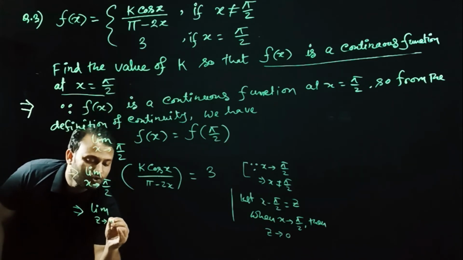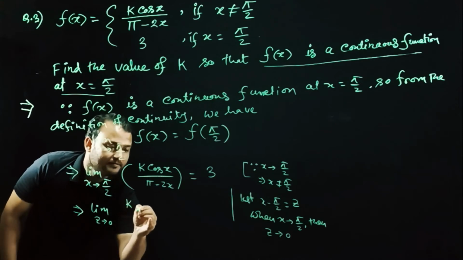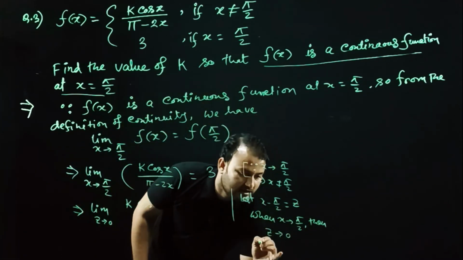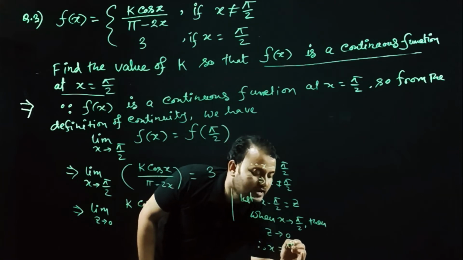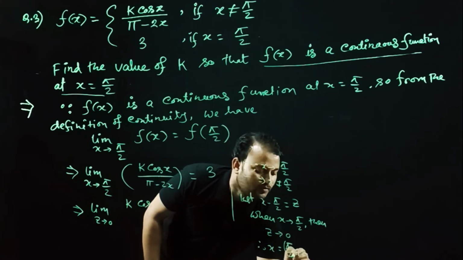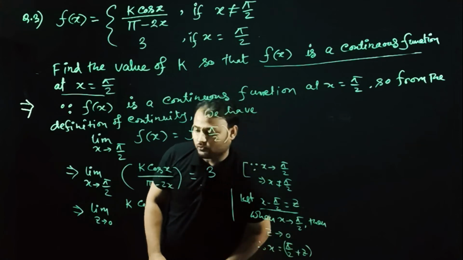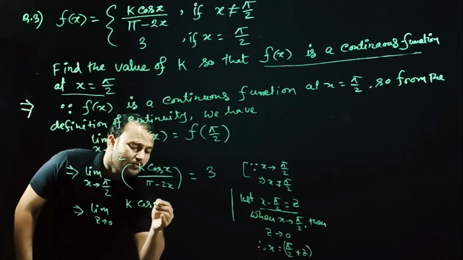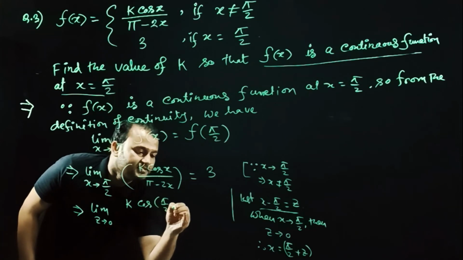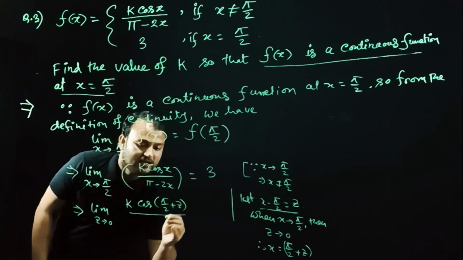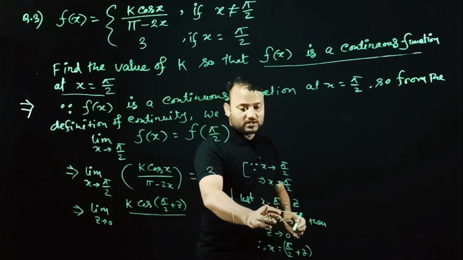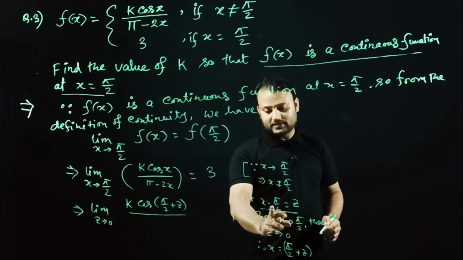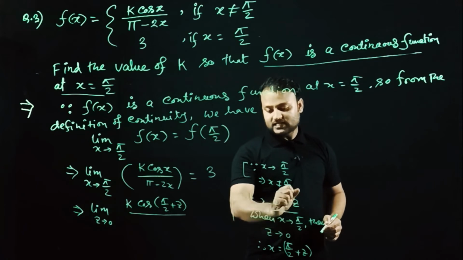Limit z tends to 0 of k cos x, where x equals pi by 2 plus z, from this line. So k into cos of pi by 2 plus z, divided by, taking x minus pi by 2 equal to z and doing the LCM, 2x minus pi.